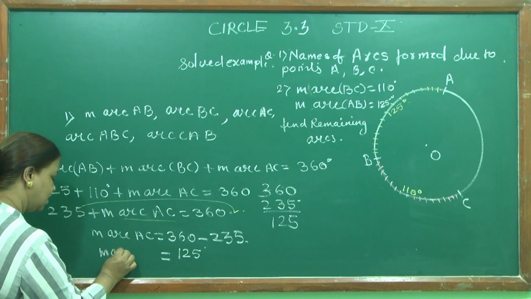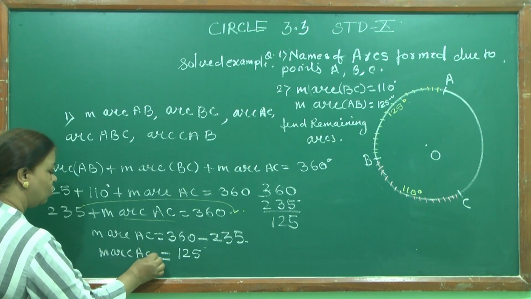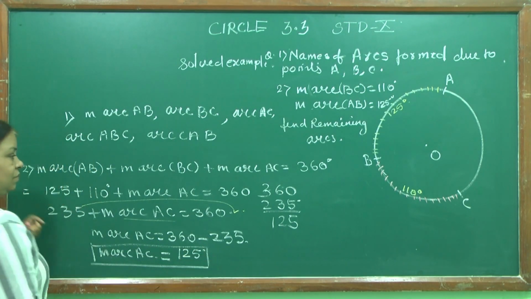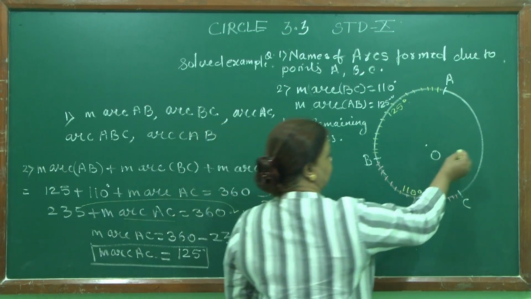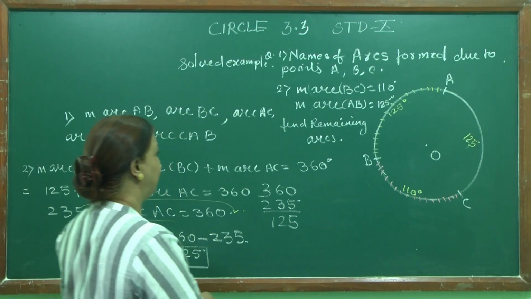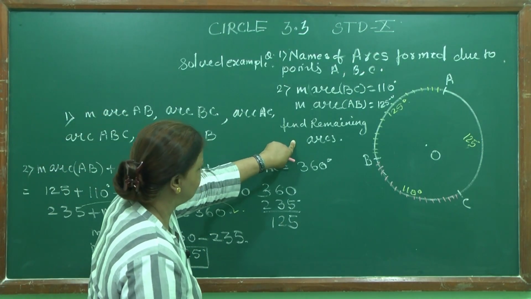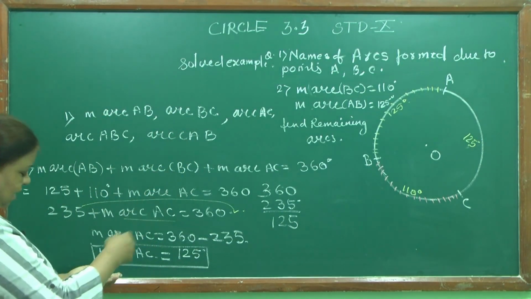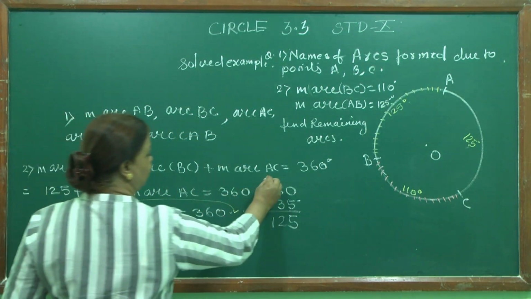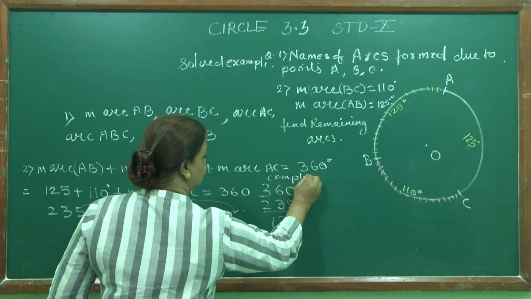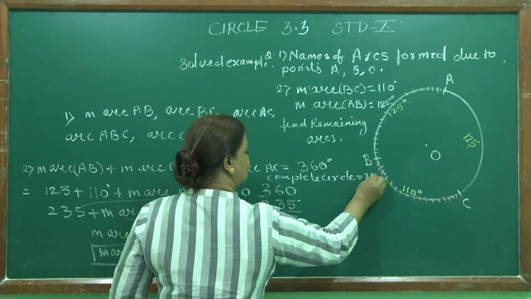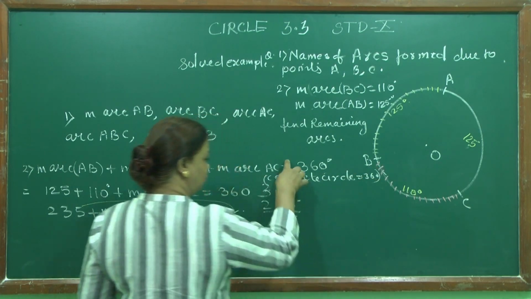So measure arc AC we got is 125 degree. Now you can also find many other remaining arcs. You can just use the arc addition property. The complete circle region is 360 degree, and that is the property which we have used here.